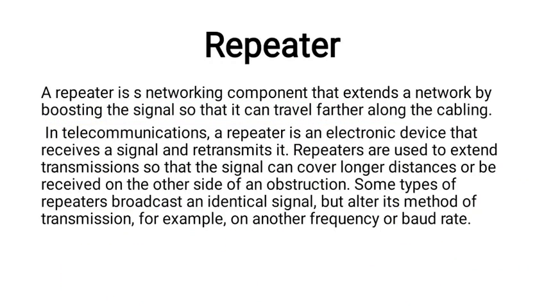In telecommunications, a repeater is an electronic device that receives a signal and retransmits it. The repeater receives the signals, and after boosting the signal, it retransmits it. Repeaters are used to extend transmissions so that the signal can cover a large distance or be received on the other side of an obstruction.